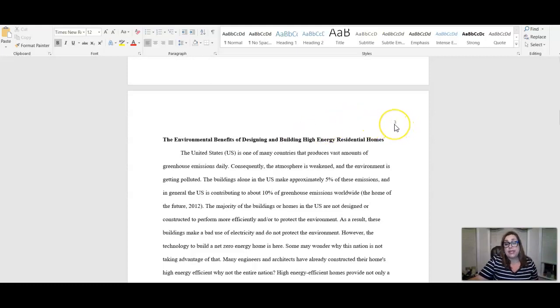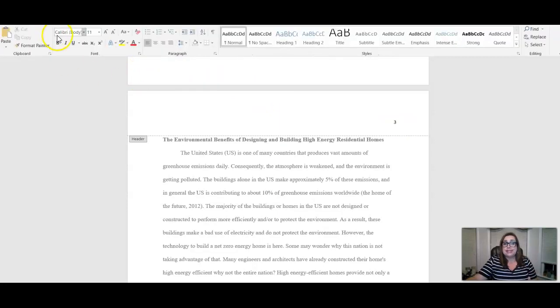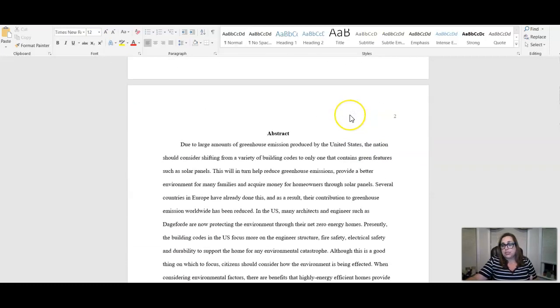Notice that the page numbers are on each page, and they should be in Times New Roman font. Everything in the whole paper will be in Times New Roman font. If you're not sure, just click on it, go to Home, and see. This is not. So it didn't look right, so that's why I checked it. You're going to make it Times New Roman, and that should adjust all of them just by doing one.